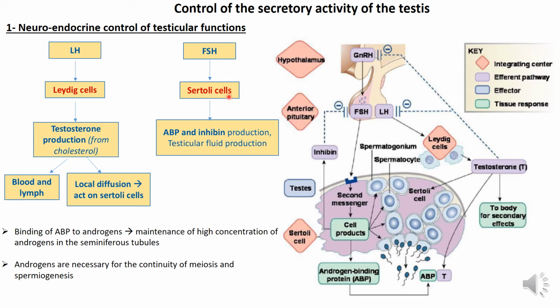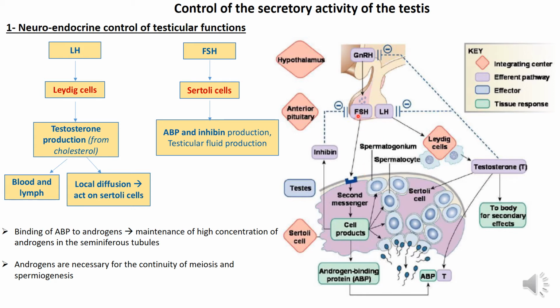The opposite, the Sertoli cells express surface receptors for the FSH, and thus can respond to the action of the FSH, but they don't have receptors for the LH, so they cannot be stimulated by the LH.